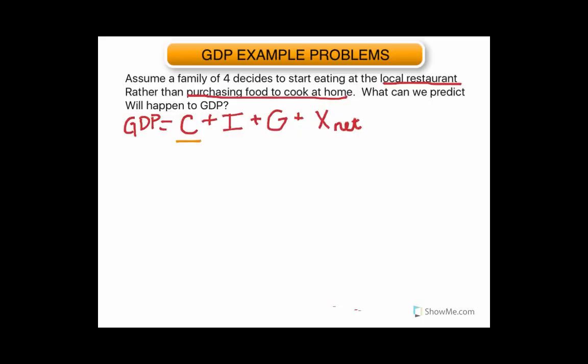Now, in the original scenario in which they were purchasing food to cook at home, how is this incorporated into our equation for GDP? When we purchase food to cook at home, we are increasing our consumption by buying groceries from the store.